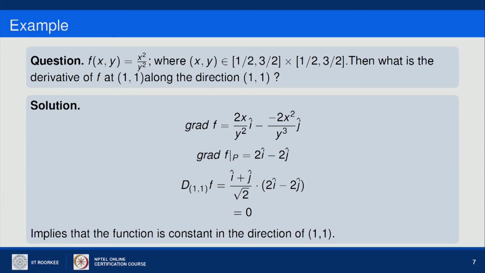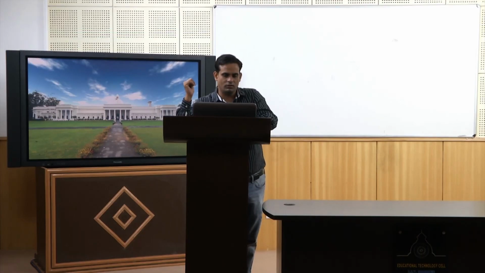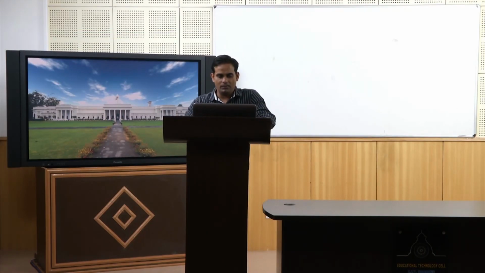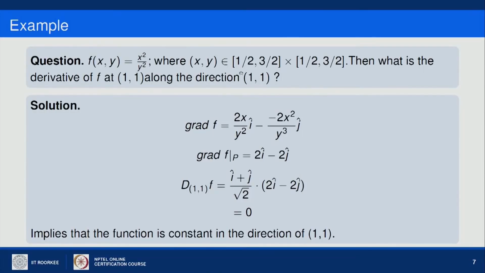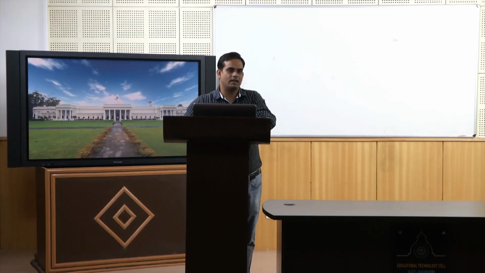So it will become i plus j upon square root 2, that is my v cap, and grad of f at this point (1, 1) will be 2i minus 2j. Now, the dot product of this comes out to be 0, and this implies that the function is constant in the direction of the vector i plus j. There is no change; the rate of change is 0.